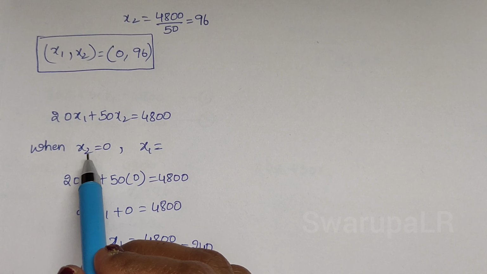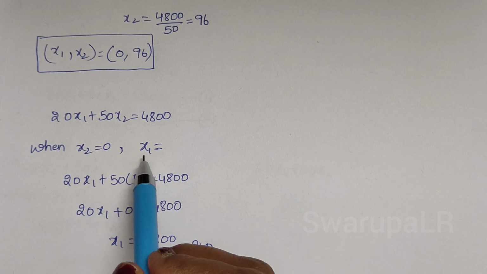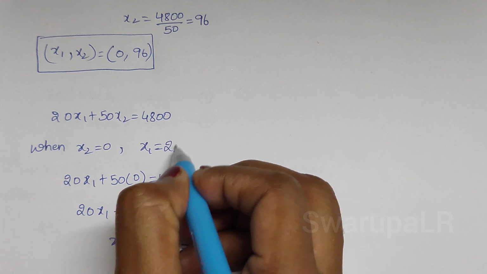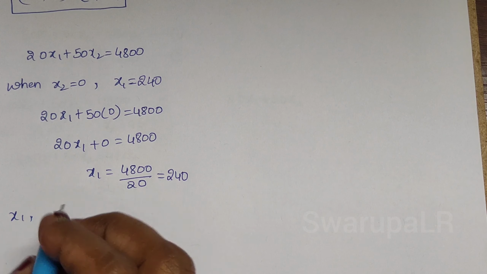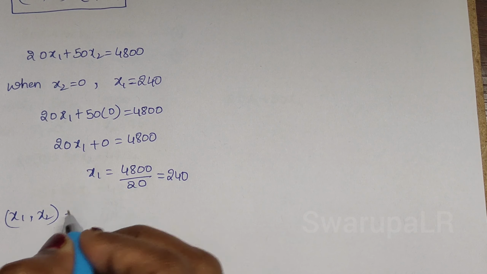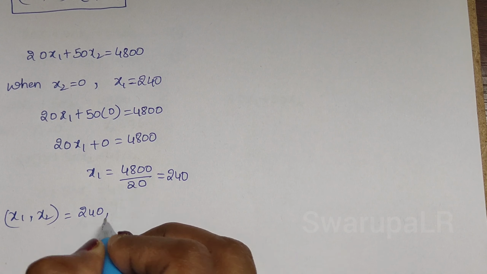So by assuming x2 is equal to 0, we got x1 as 240. Therefore, x1, x2 points are 240, 0.